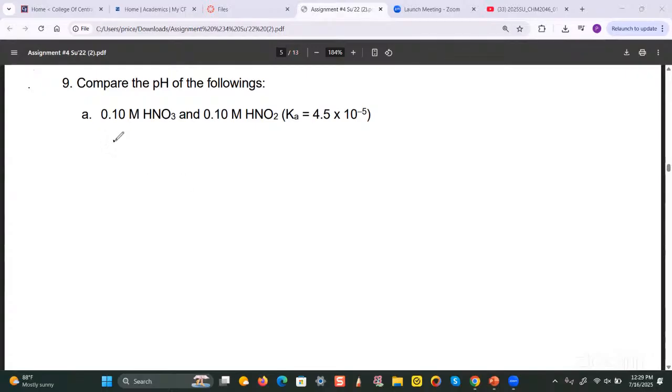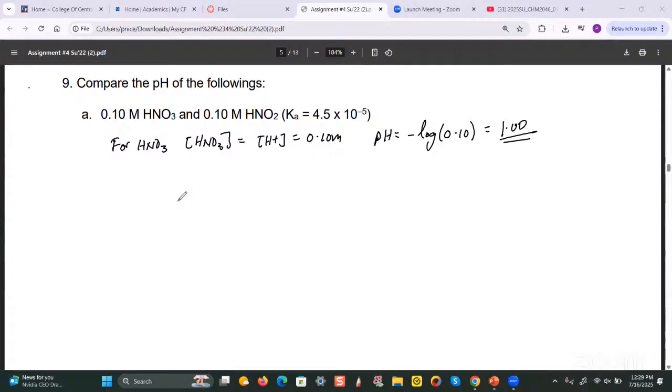Right, the concentration of HNO3 will be equal to the concentration of H plus, right? Which is equal to 0.10 M. So therefore the pH is equal to what? Minus log of 0.10. And what does that give? 1.00.